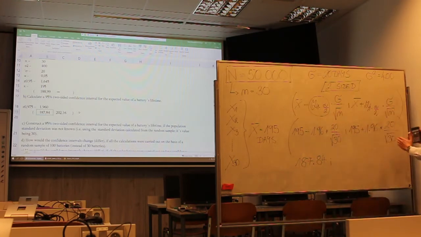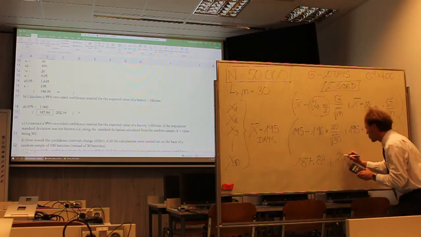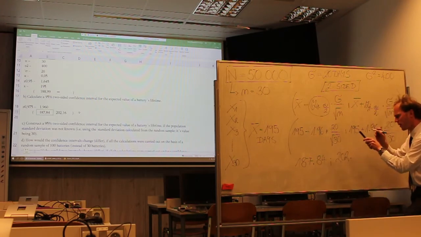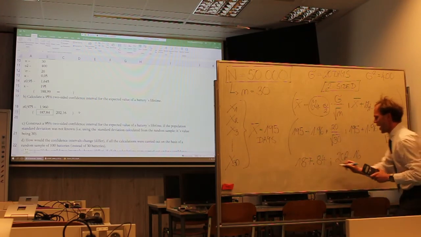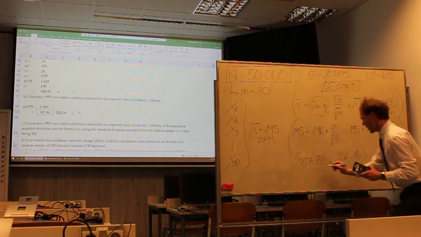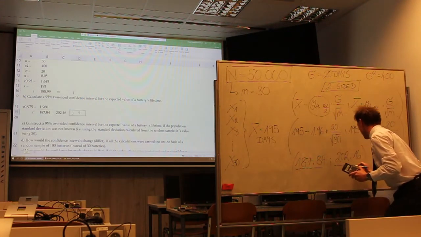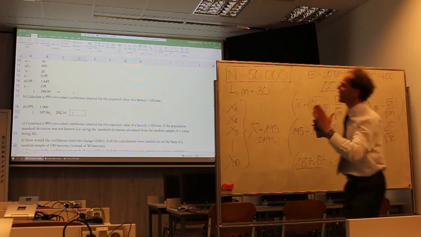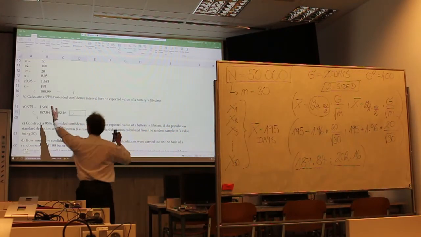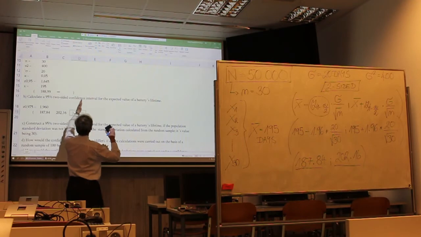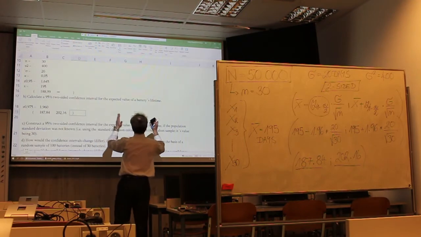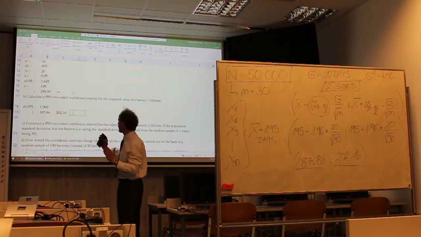And the right side, right bound: 20 divided by square root of 30 times 1.96 plus 195, 202.16 days. So this is the 95% confidence interval. We calculated a 95% two-sided confidence interval for the expected value of batteries lifetime.